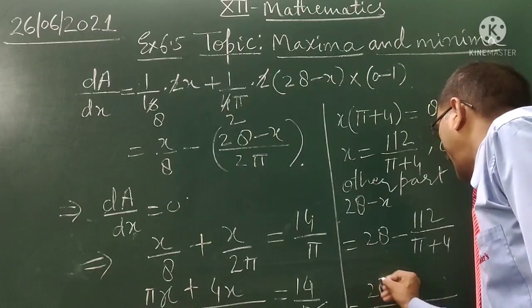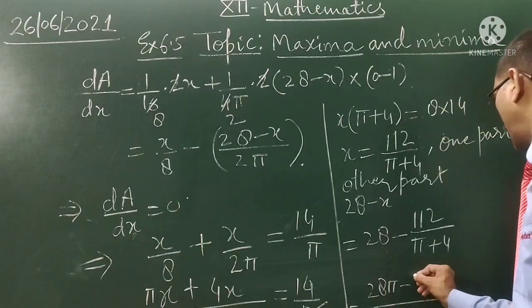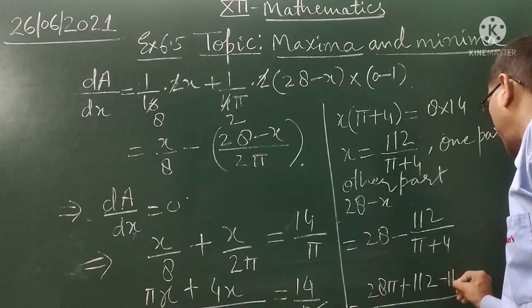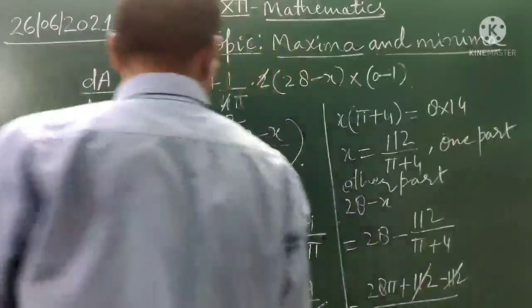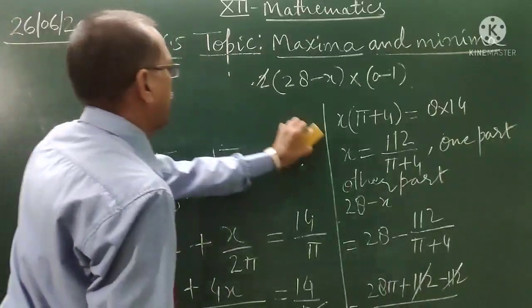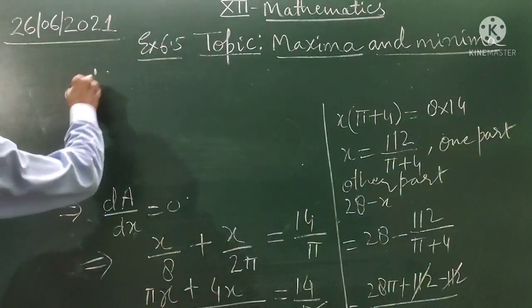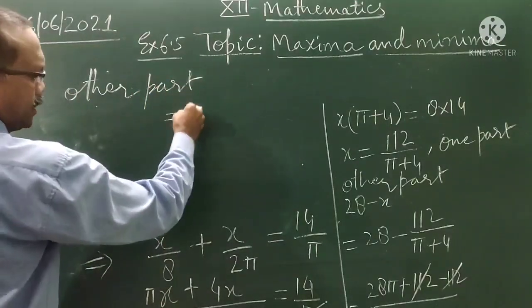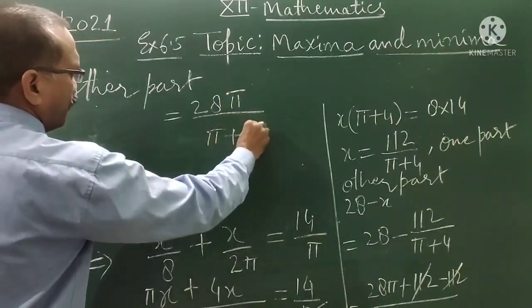It is 28 pi minus 112 plus 112 is cancelled. So the other part is 28 pi upon pi plus 4.